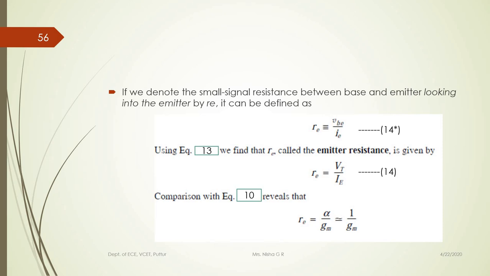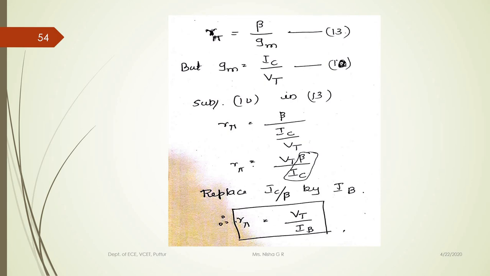That is the same as your input resistance with respect to the emitter. Looking at the base terminal, the previous expression R pi we got is VB by IB. Similarly here RE is equal to VB by IE. So using equation 13, we find that RE is called the emitter resistance and is given by RE is equal to VT by IE.